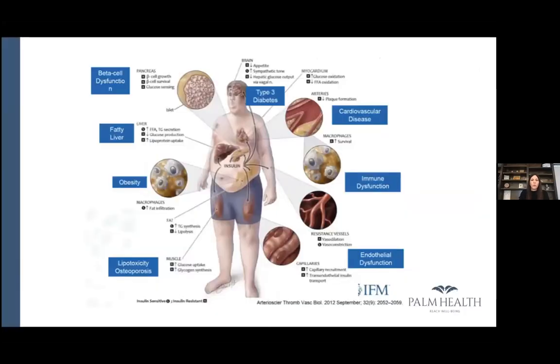What we know about sugar, and when we have an excess of sugar, is it leads to a number of conditions with our health. One of the most important areas where sugar influences us is in insulin resistance. And we're going to talk about more of that in a second. It leads to mitochondrial dysfunction.